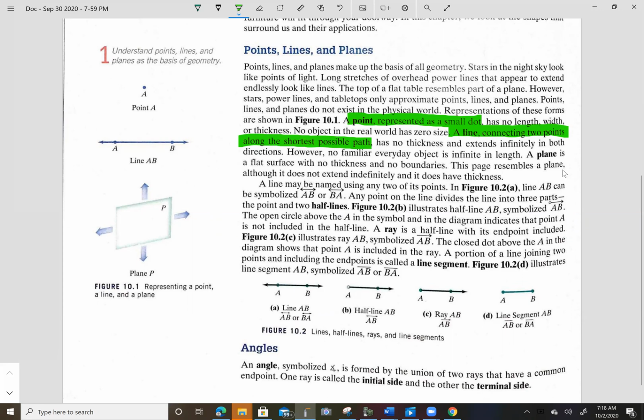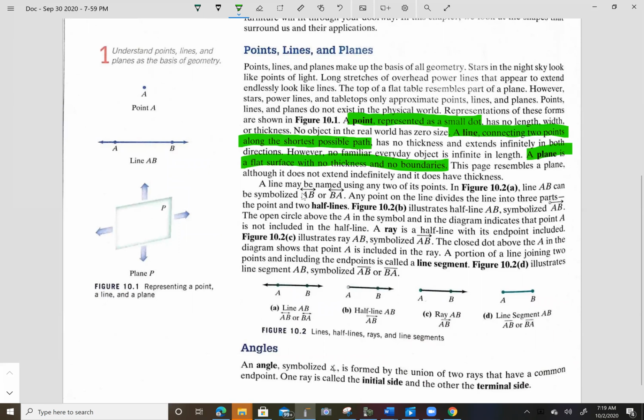A plane is a flat surface with no thickness and no boundaries. Those are quadrants, right? This page resembles a plane, although it does have thickness. And then it just tells you how to write them.